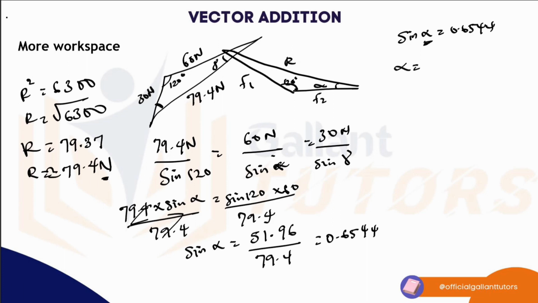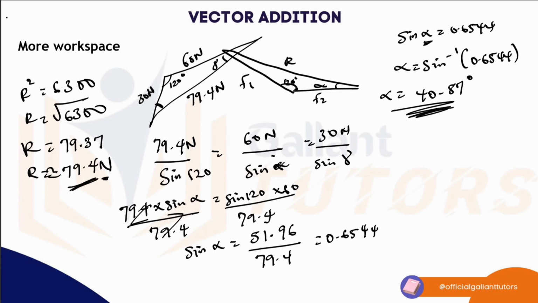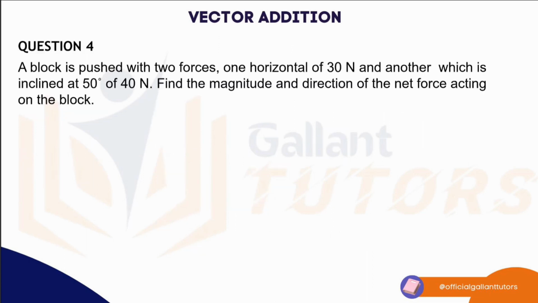We won't stop here, we are looking for this. So we're going to find the sine inverse of our answer, 0.6544. Just type this into the calculator and you get the answer. So sine inverse of this gives 40.87 degree. So this is our resultant and direction respectively.